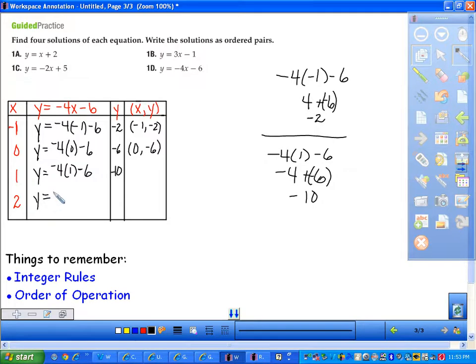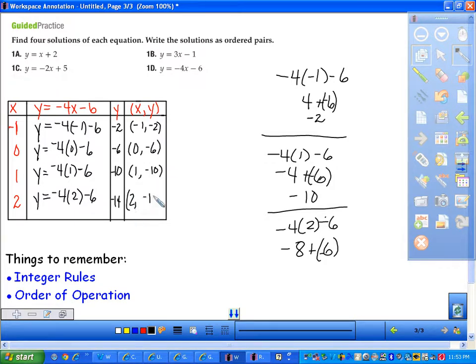Y equals negative 4 times 2 minus 6. Scratch work, that's negative 4 times 2 minus 6. Negative 8 minus 6. Keep, change, change. It's a negative 14. Now I come back and write my ordered pairs. 1, negative 10. 2, negative 14.